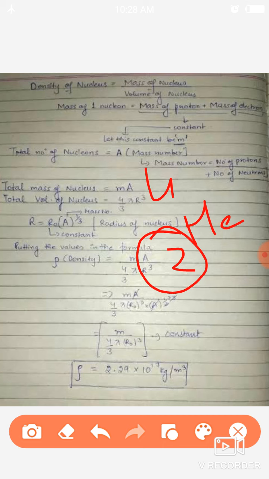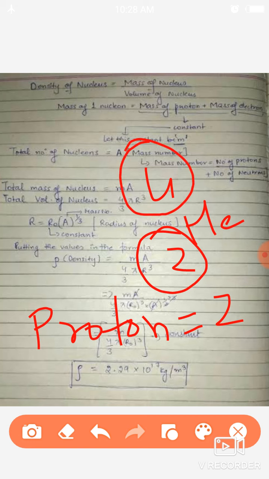In helium we have protons equal to 2, and the mass of this atom helium, the numerator value 4, is the mass number, it is 4.